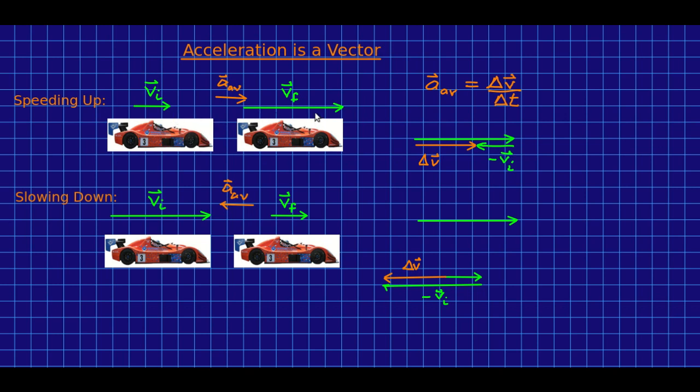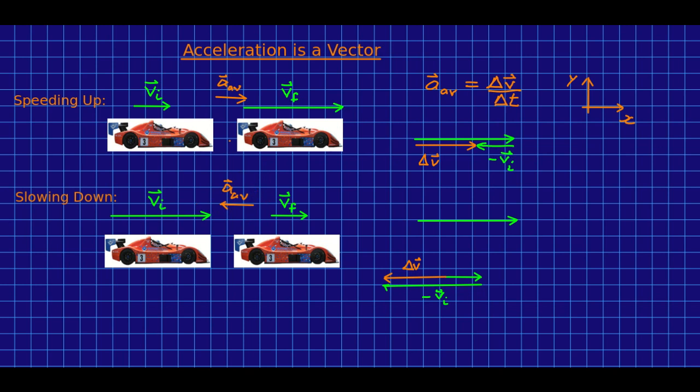But if we wanted to talk about the components of these vectors, now we would have to define a coordinate system. So if we took a fairly typical coordinate system like so, then we would say for this car speeding up, its x component of acceleration would be positive, whereas for this one slowing down, its x component of acceleration would be negative.